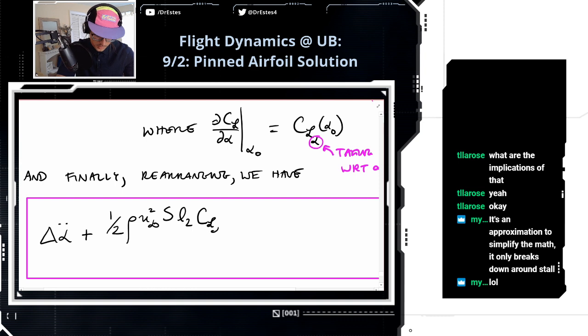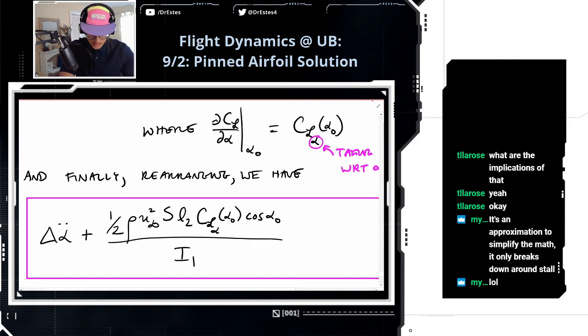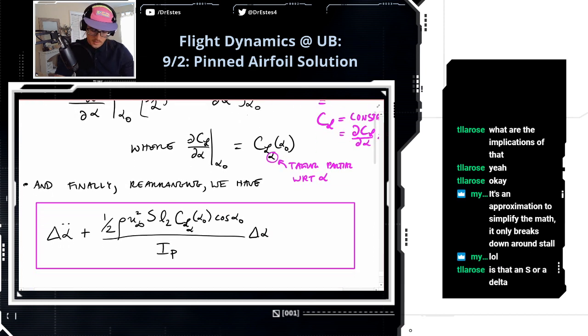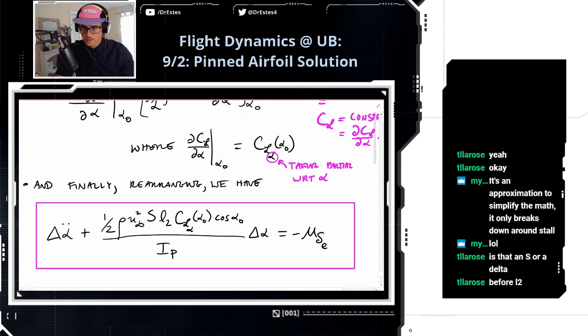It's the partial with respect to alpha, evaluated at the equilibrium angle of attack, times the cosine. We divide this by the moment of inertia about the pin. And then this is equal to this moment coefficient for the elevator, times the delta.